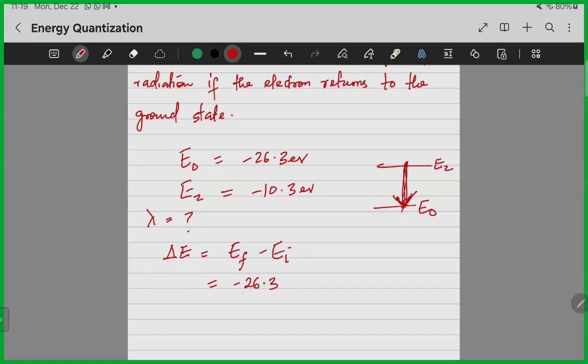Or better still, don't just find the energy difference; what I'll do is put the modulus sign, so that in case you end up with a negative, you remove it. So that would be the modulus of minus 26.3 minus minus 10.3.